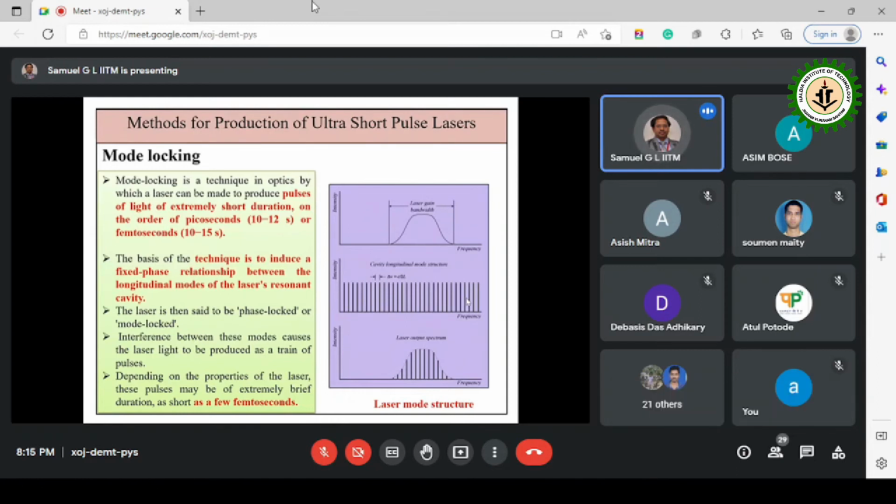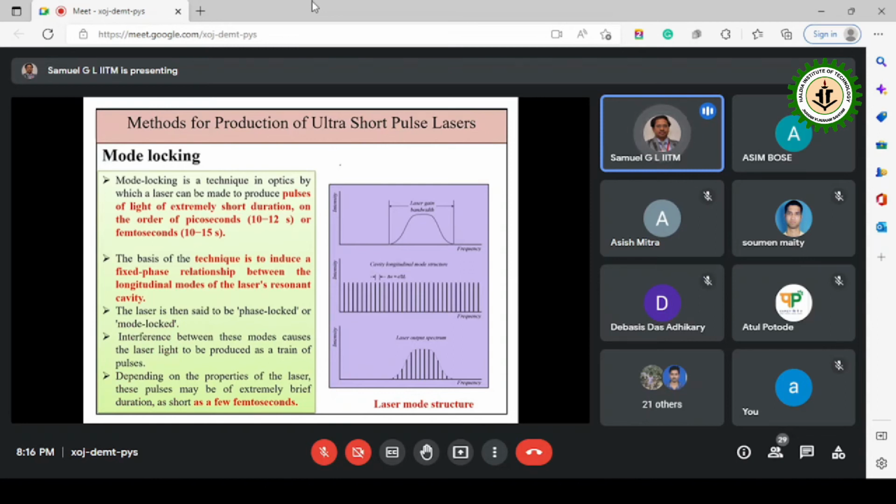One of them is called mode locking. I won't explain in detail, but I'll try to tell you the concept so you can understand. I think you would have studied what is called interference of light, or interference of any waves. I thought of drawing them, but when I connect to the pad, it's getting stuck, so I'm not trying to do that.